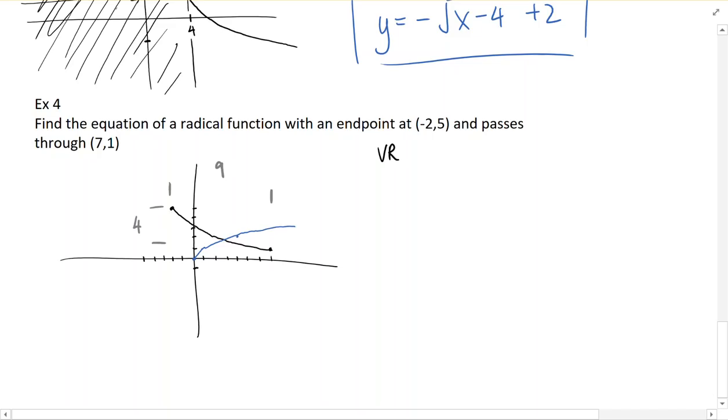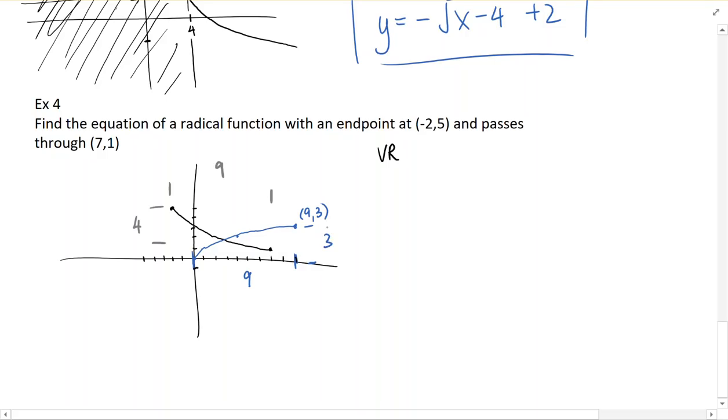So to make our lives easier, I'm going to compare with these 2 points where this is basically my (9, 3). I'm going to compare with the key point on my base graph where I have a width of 9 and a height of 3. So now I don't even need to worry about a horizontal stretch. There's no horizontal stretch.